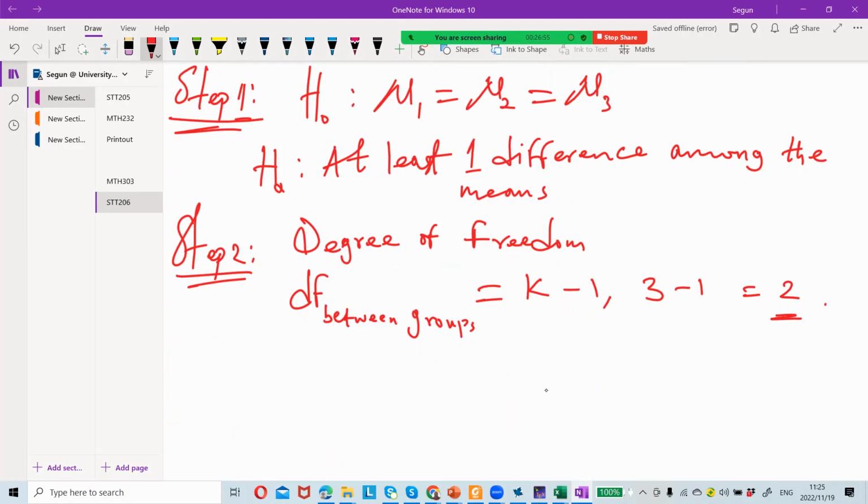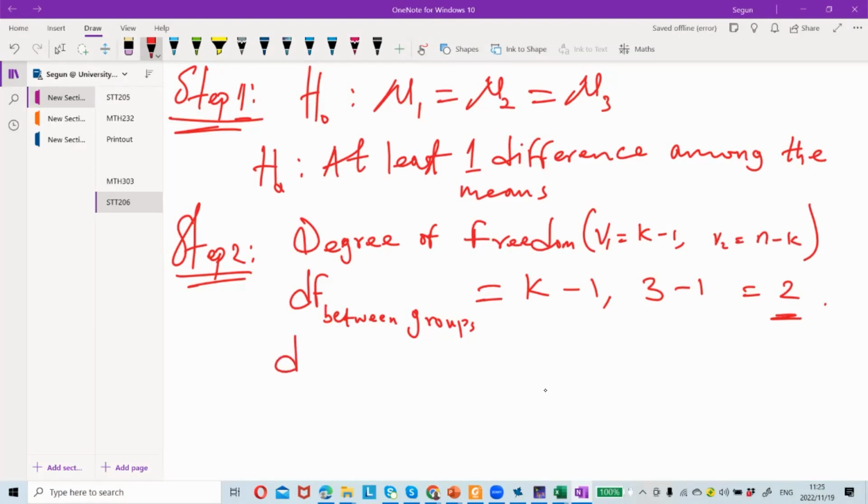Remember, in your notes, it's the same thing as V1 equals K minus 1 and V2 equals N minus K. That's the degree of freedom. It's still the same thing we are working on, but I'm just giving you the explanation.